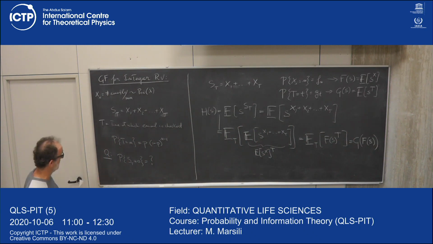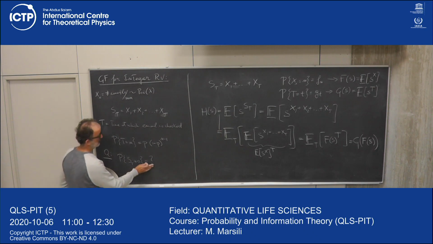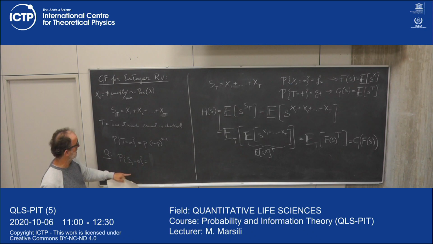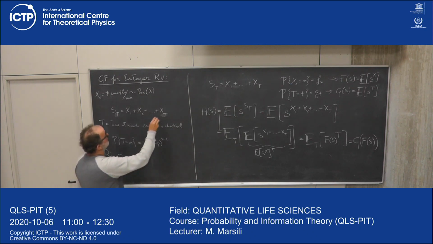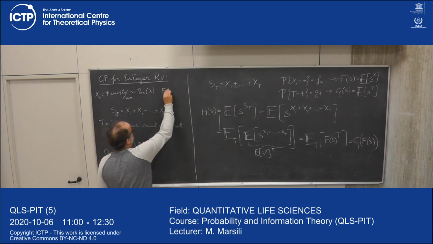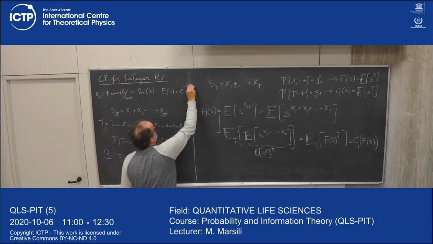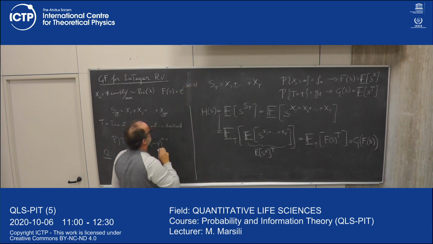Say, for example, it can allow us to answer this question straight away. Because, well, we know that in this case, f of s is just the generating function of a Poisson distribution, so it's e to the minus lambda times 1 minus s.